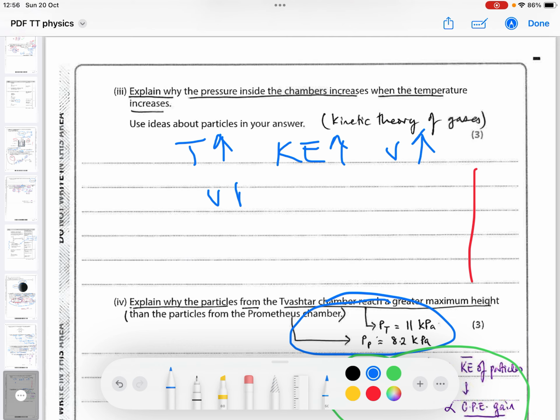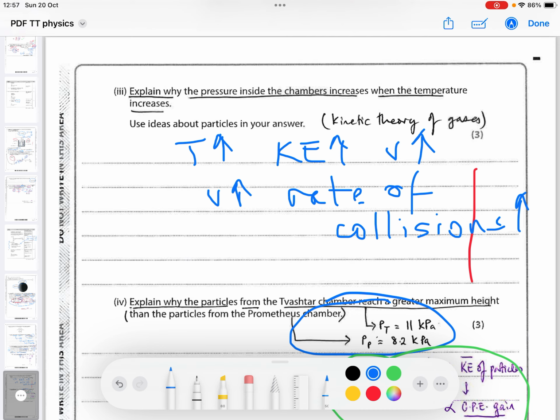If the velocity goes up, the rate of collisions, you have to put rate of collisions, will increase. Yes, the rate of collisions will go up. And if the rate of collisions goes up, then the pressure will go up because the forces will increase. So look at the mark scheme to see how you get the three, but that's the stages.